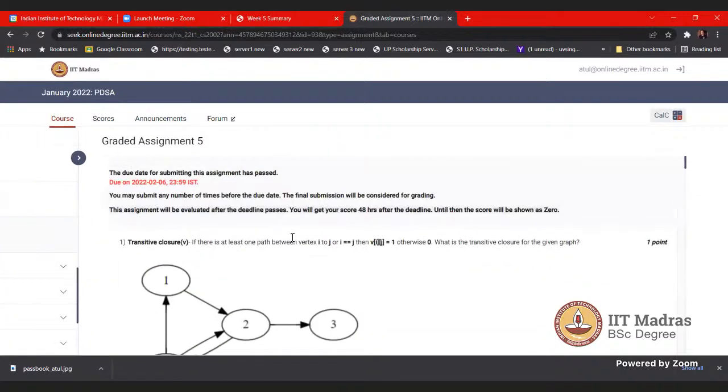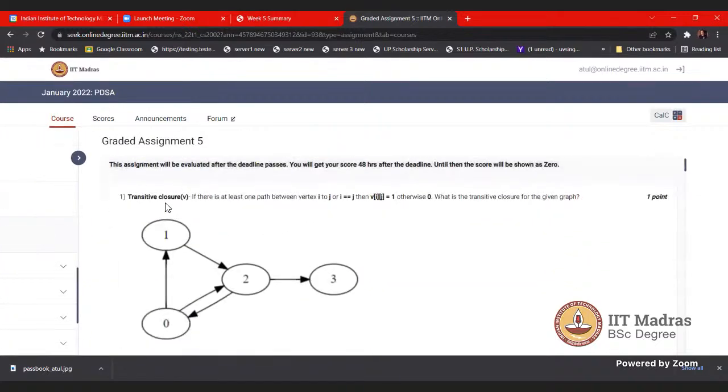So this definition is given for the transitive closure: if there is at least one path between vertex i to j, we represent it as a one value. If a path is available for any combination, for example, we check whether a 1 to 3 path is available. Yes, available: 1 to 2, 2 to 3. So we mark it as one.